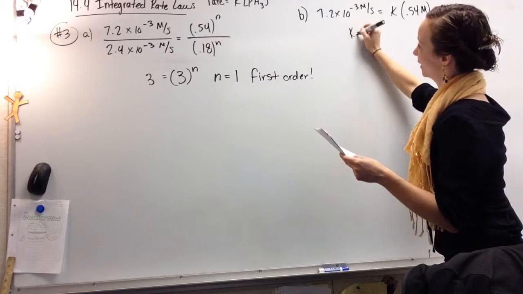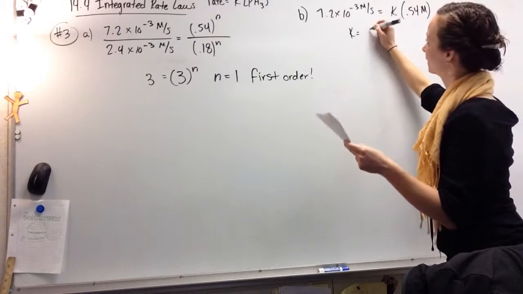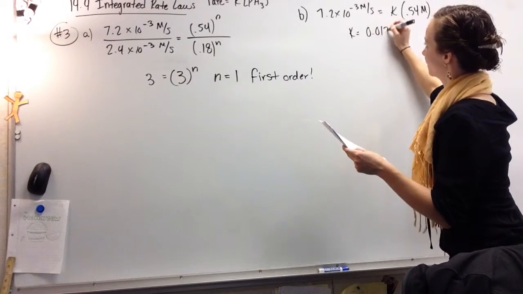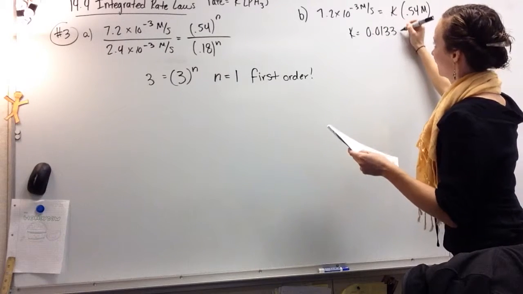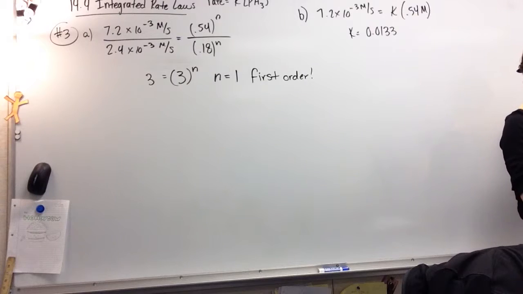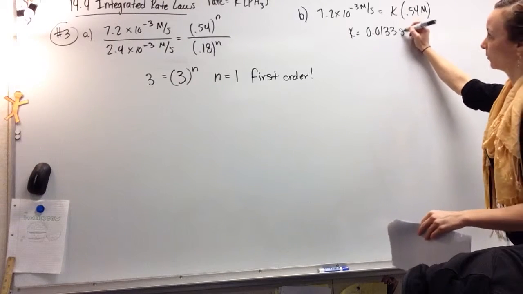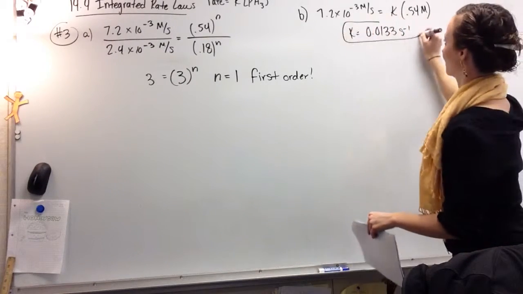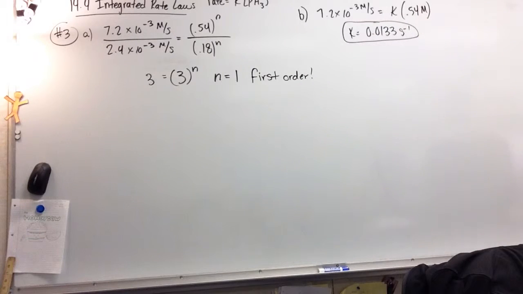And so now my K is equal to 0.0133. And what are my units for my K? S to the minus 1, because this is first order, and the units on K for first order are S to the minus 1.